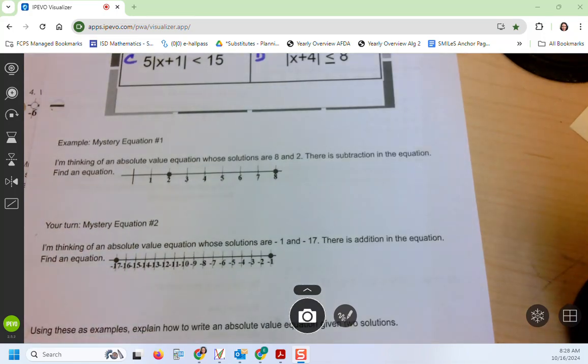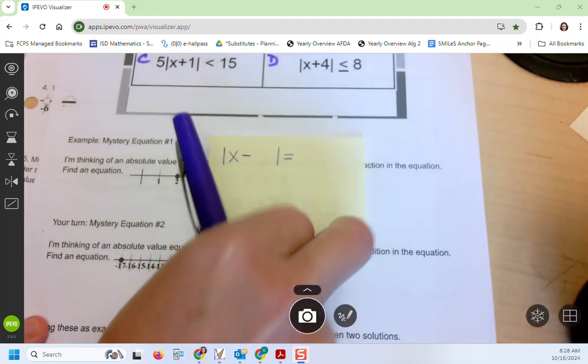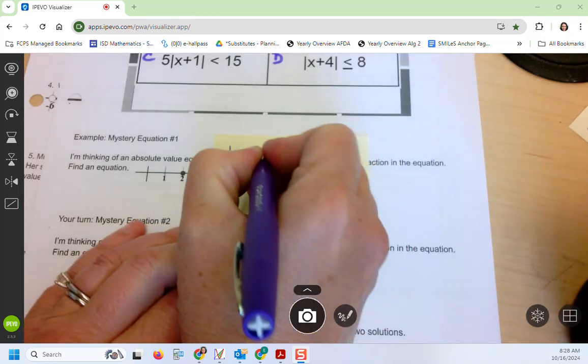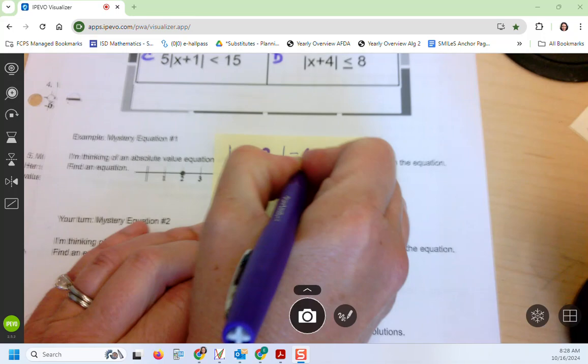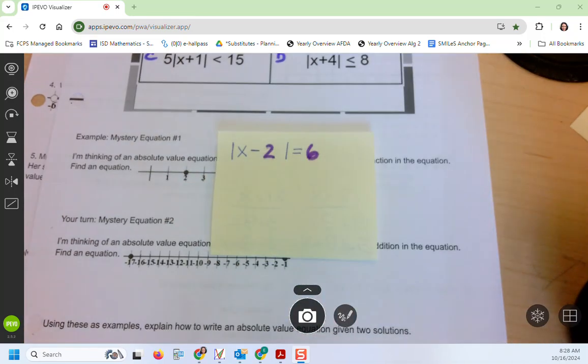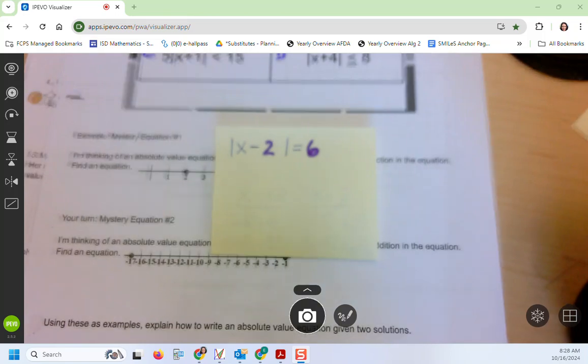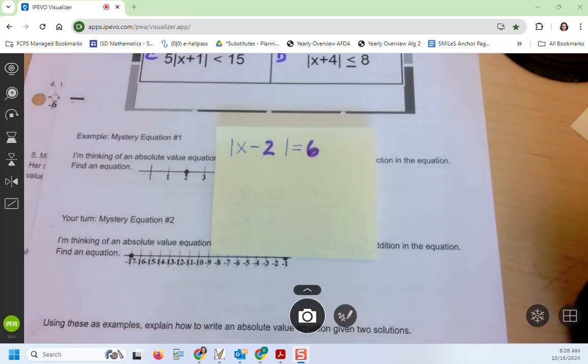All right, so I'm going to first show you a wrong answer because we can learn a lot from wrong answers too. This is on my sticky note, which means don't put this on your paper, okay? The sticky note is just my little thinking space. I saw this wrong answer from a few of you, which was x minus 2 equals 6. Now, why is this a good wrong answer? What is this student doing well? It gives 8, right?